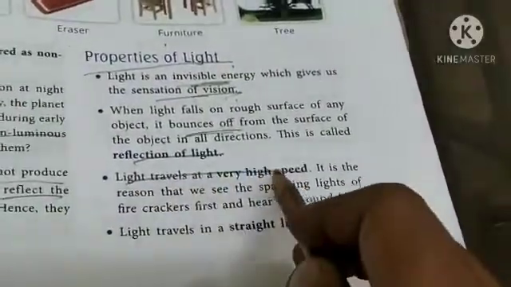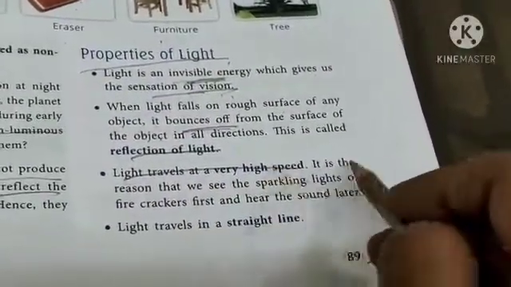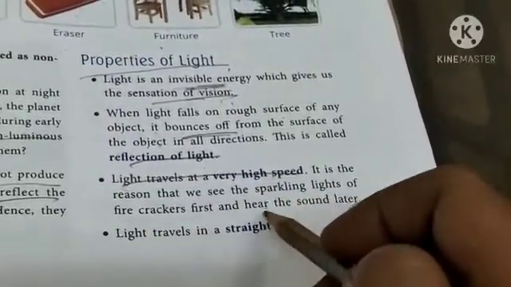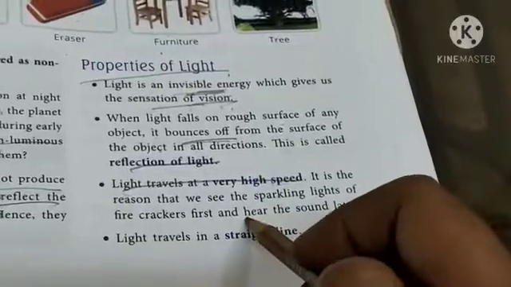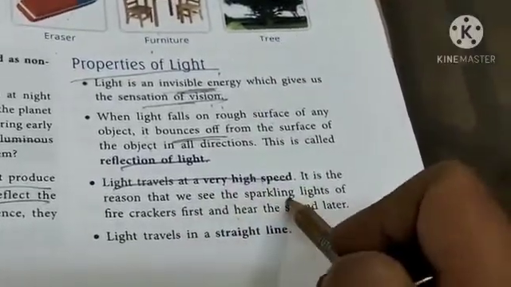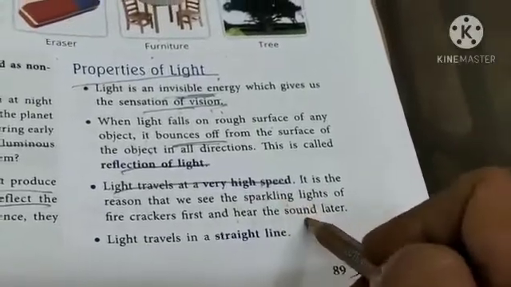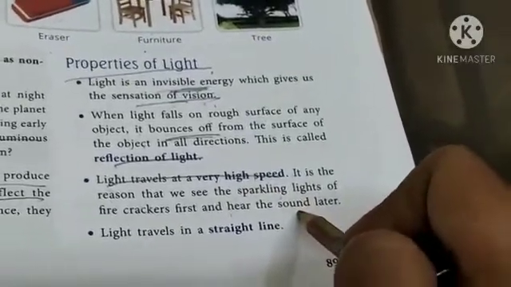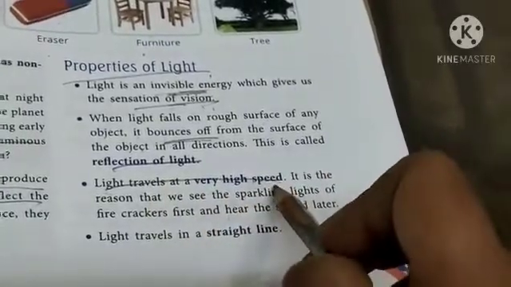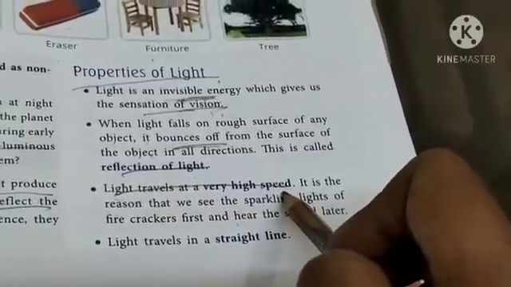Just now in Diwali, those who used firecrackers must have seen that when they go up, you are able to see the light first. Then you hear the sound. It shows that light travels at a very high speed.